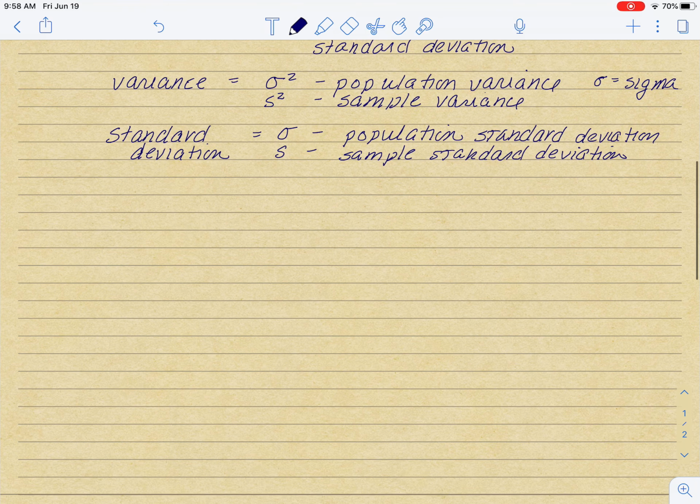So right now I'm going to talk about range because it's pretty easy. The range is just the highest value of your data minus the lowest value.